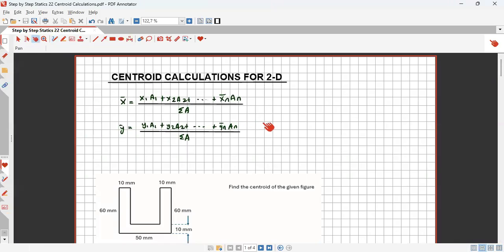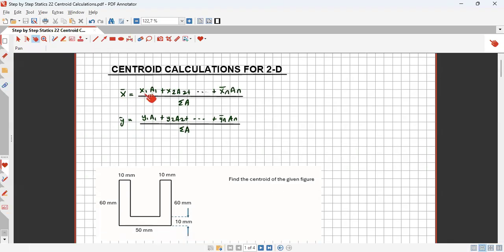We can learn how to find the centroid coordinates of x and y. To find x, we use x1 times a1 plus x2 times a2 plus and so on, up to xn times an, where n means the partial shapes of our main figure.